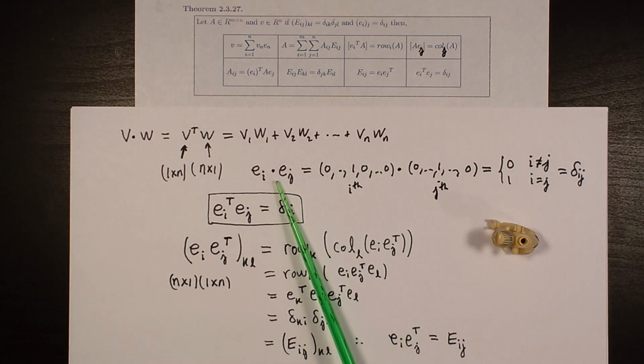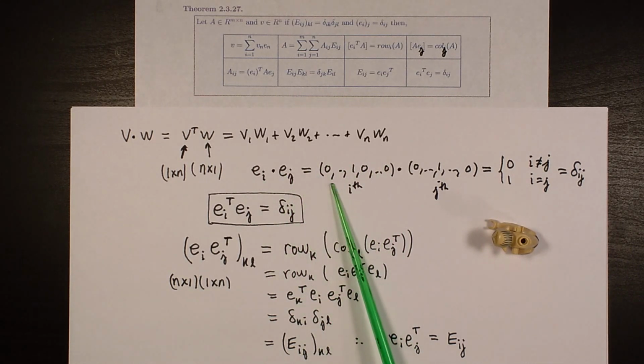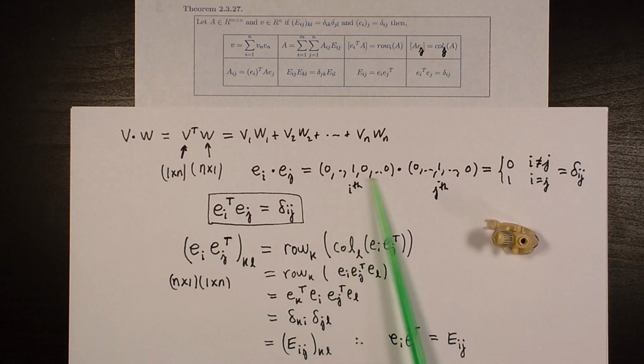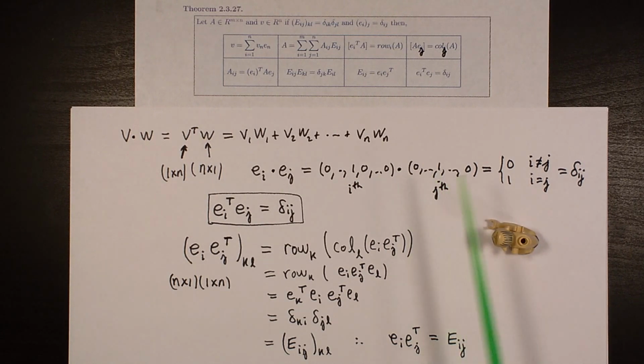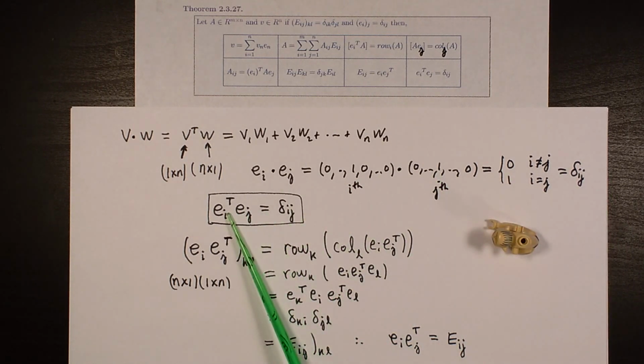So E_i dot E_j is only going to be 1 when the i and j match up, and 0 otherwise. And so that's the Kronecker delta ij. So E_i transpose times E_j is the Kronecker delta ij. That's this part of the theorem.